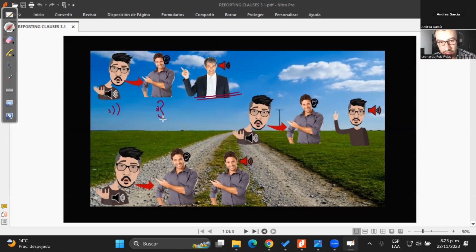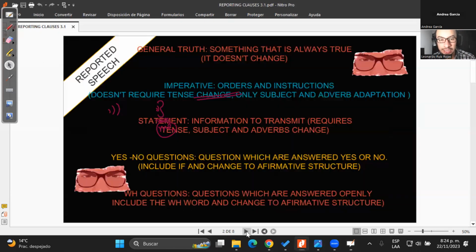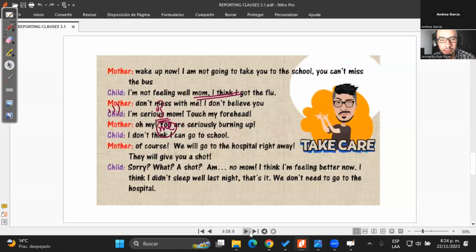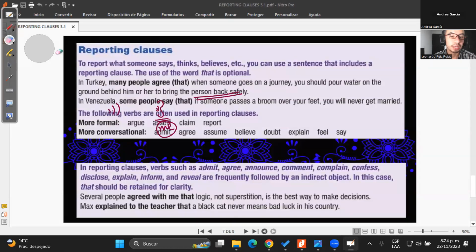Here, the information is usually not going to be me, because generally these predictions or superstitions are not told only to me, or only to one person, but are passed from voice to voice. So in that case, normally it's not necessary to use the second part. Sometimes depending on the verb. So let's see. Over here, as I told you, we have the reporting clauses with some reporting verbs.